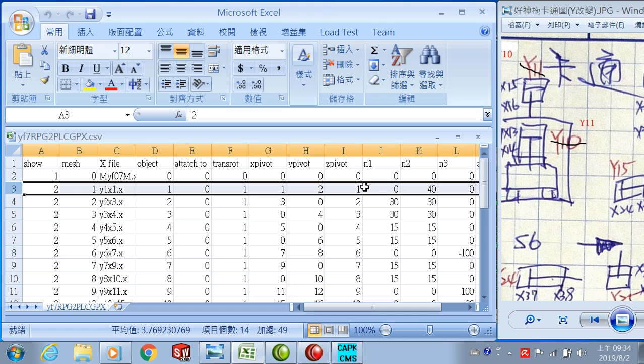The y1 on the y1 s1 component will move a distance above, toward the z positive direction, 40 millimeters.